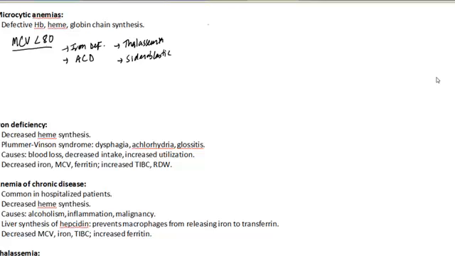Macrocytic anemias are when you have an MCV of over 100. So anything between this 80 and 100 is a normocytic, okay? And your most common is going to be folate deficiency, and you commonly see this in alcoholics, and B12 deficiency as well. But remember what we said about B12 deficiency. You don't see this in alcoholics because you have a 6-month supply of B12 stored in the liver.